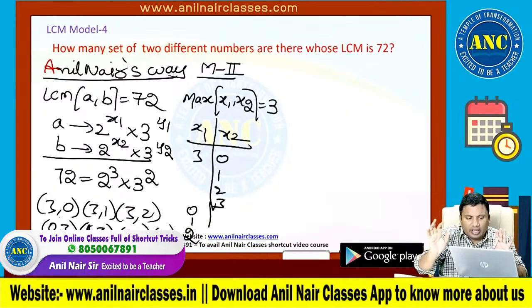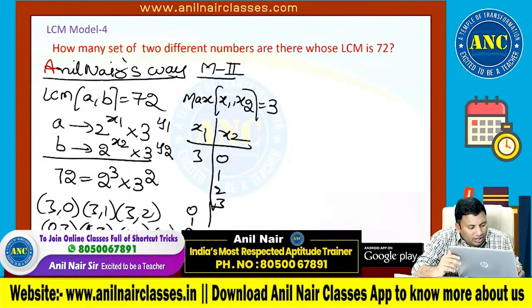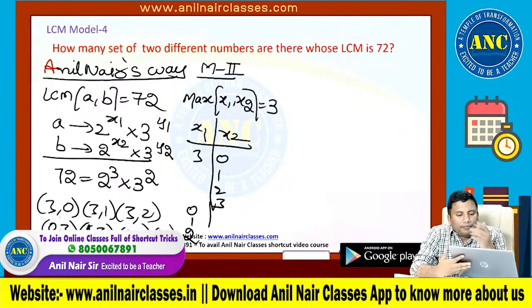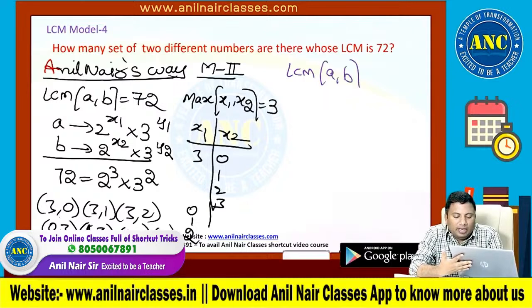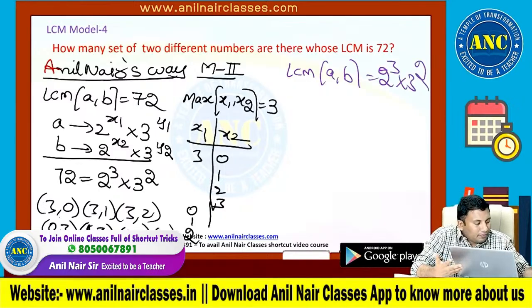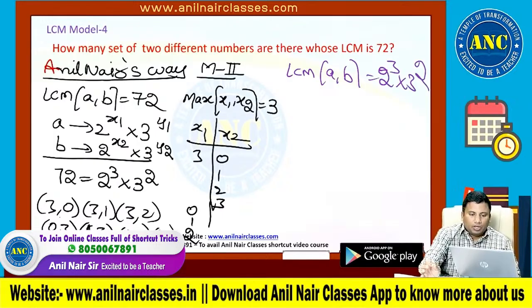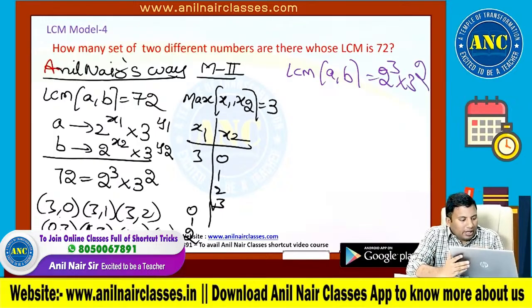Now, listen carefully, sir. This is something which we should know. LCM of A comma B is 72, which is 2 power 3 into 3 square. Now see, can I say every ordered pair has got at least 1 three?